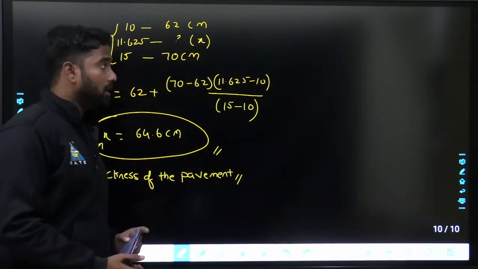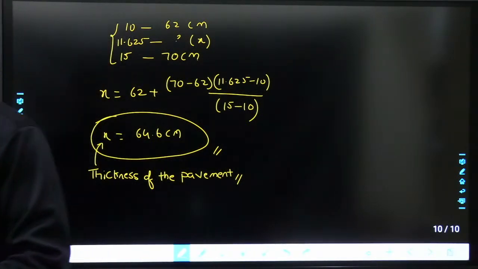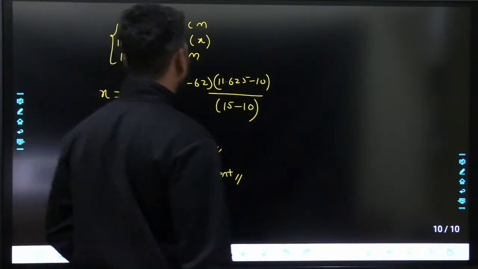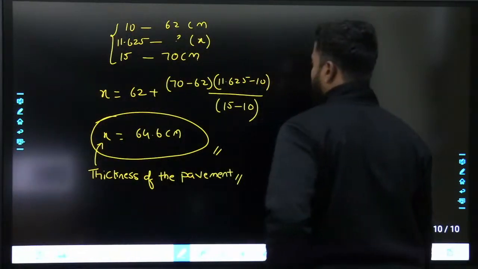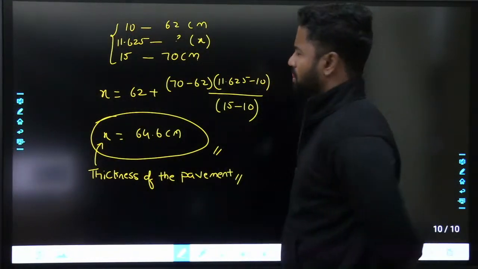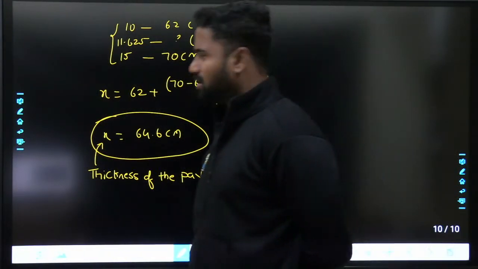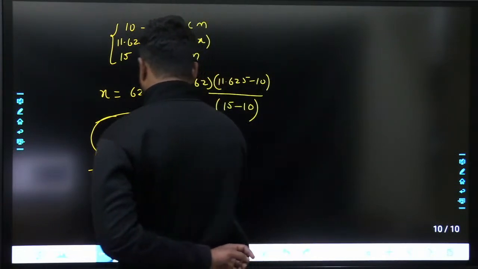Fine. Any doubts in this? You can ask me. This is just a linear interpolation here.